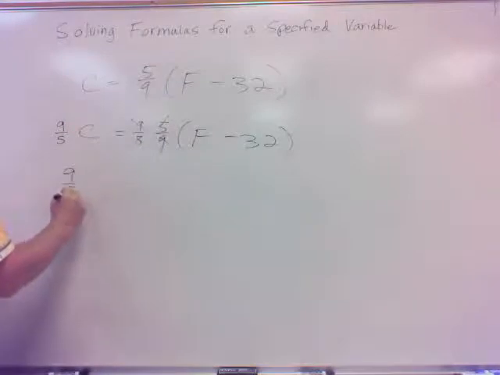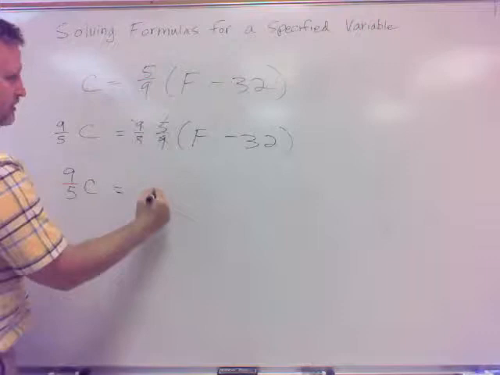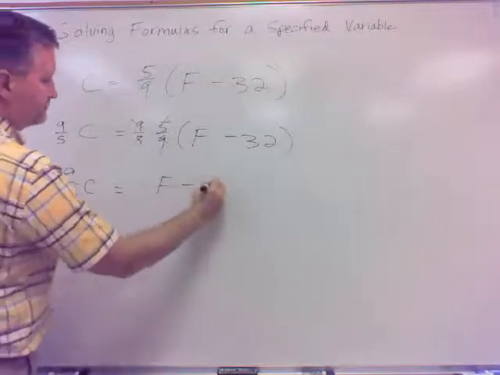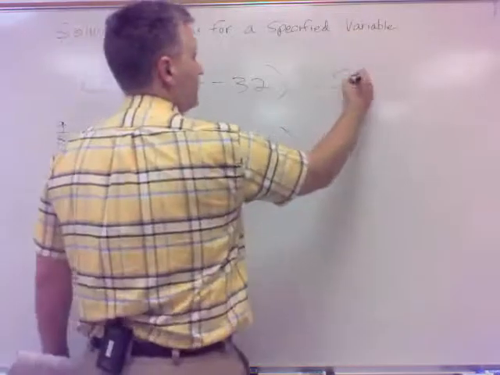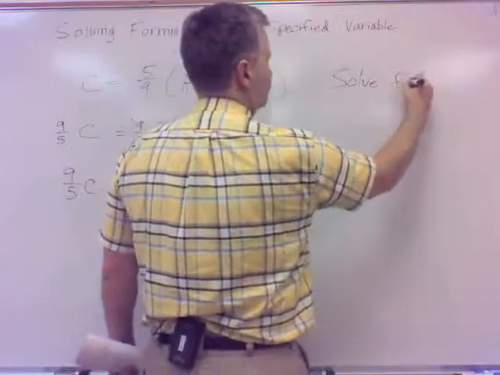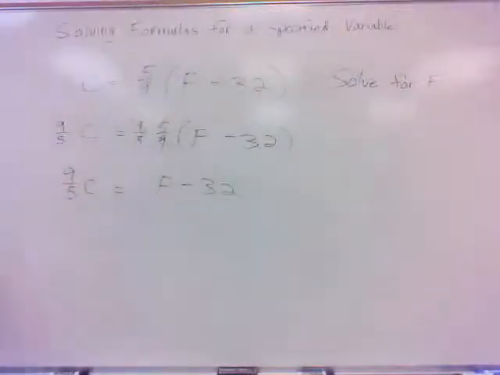So I have 9/5 C on the left equals, well, that's gone. It's just 1. So I just have F minus 32 then left on the right. So if I want here to solve for my F, which I forgot to tell you, but that is what we're doing here.